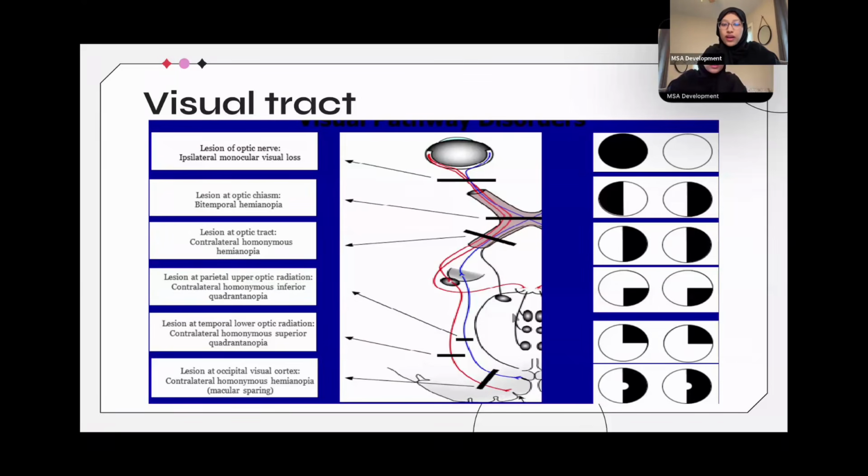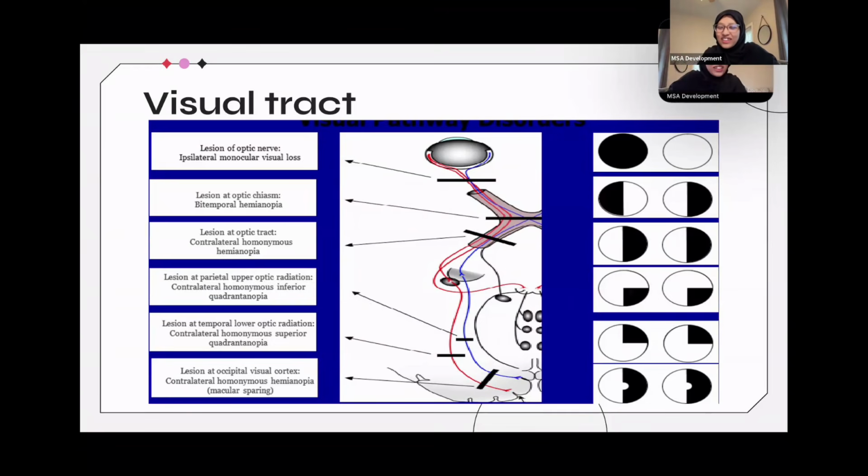So the upper parietal one supplies the vision in, wait, sorry, upper parietal, sorry. So if there is a block in this one, you will have a block in the lower side of the right eye.